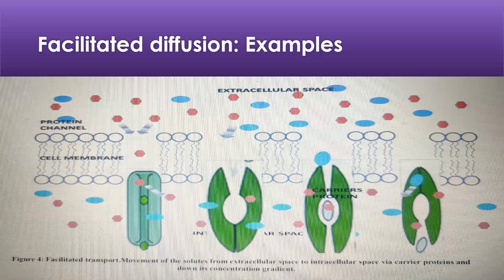As you can see in the diagram, these proteins are embedded within the plasma membrane, through which this facilitated diffusion occurs. Again, I will repeat, in facilitated diffusion, ions or molecules are transported via the proteins or permeases. But again, it's a passive type of diffusion. It means there is no utilization of energy.